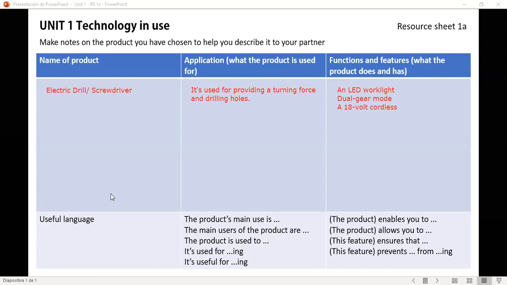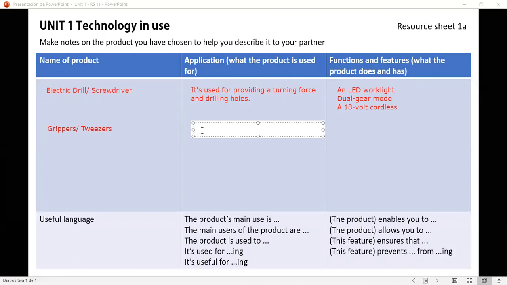To support, to fix, well, I can say fix some things or some components or things that I need to hold.